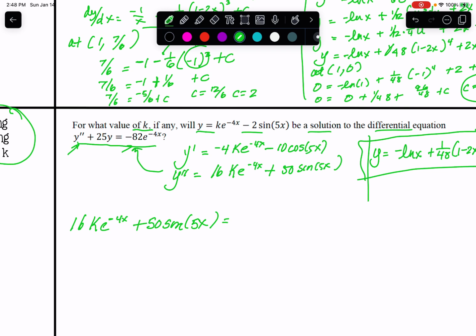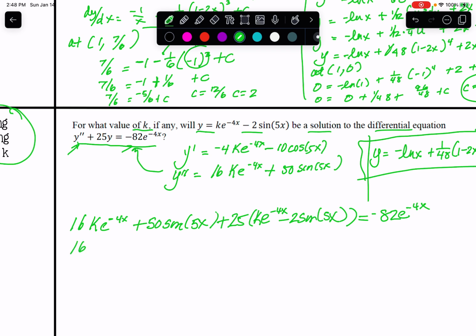So 16 k e to the negative 4x plus 50 sine of 5x has to be equal to, oops, not yet. That was just y prime prime, and then I have plus 25y, so plus 25, and y was k e to the negative 4x minus 2 sine 5x. Okay, and that has to equal negative 82 e to the negative 4x. Okay, so let's see.